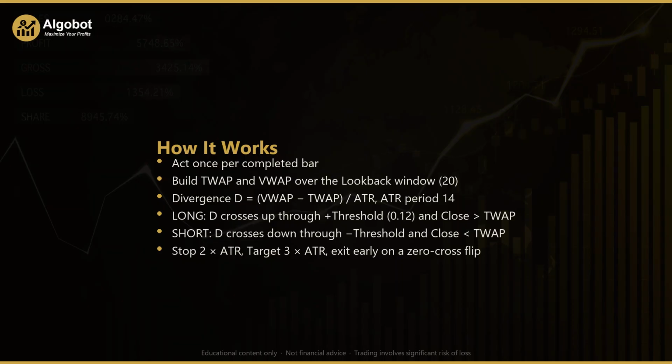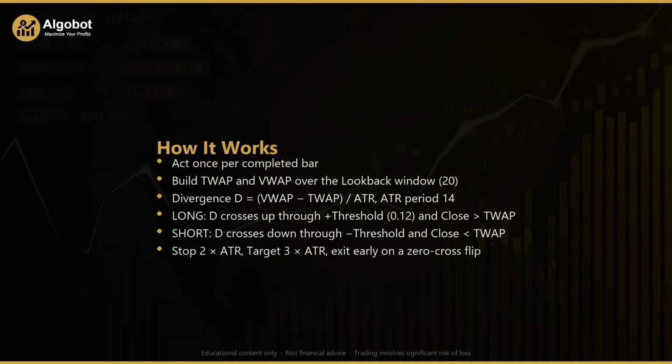When both are true on the same bar, the strategy signals a long. A short setup is the mirror image. D must cross downward through the negative threshold, and the close must be below the time-weighted average. Only then does the strategy signal a short. Because it insists on a fresh cross plus price confirmation, it aims to fire only when conviction is new and the two clues point the same way.